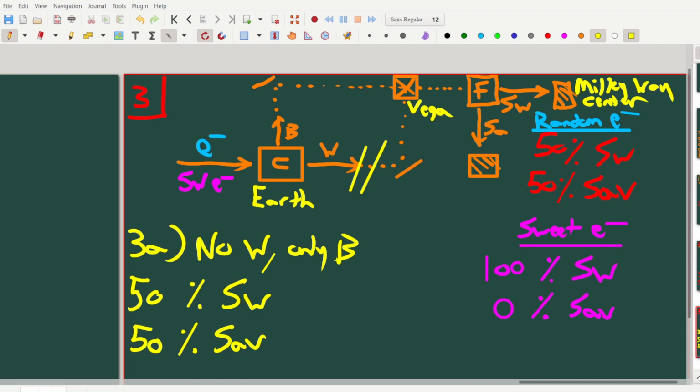Imagine we put this wall here. Maybe we put it right here. Imagine we put the wall in 1 second before the electron arrives at Vega. Maybe 1 minute. So the electrons are like right here. At this point, there's nothing stopping it from saying it should be 100, 0. That's the result we should have.